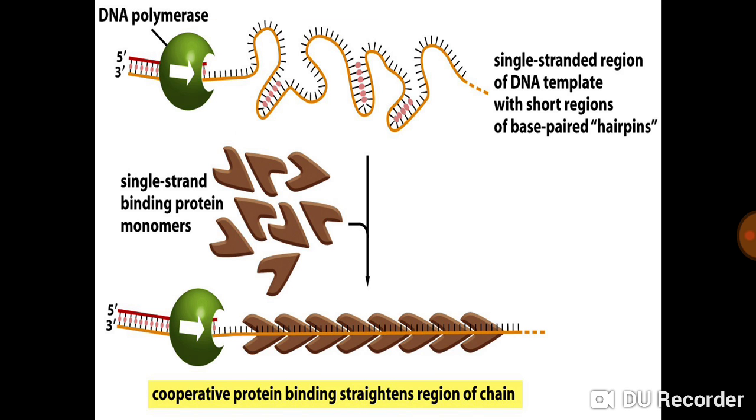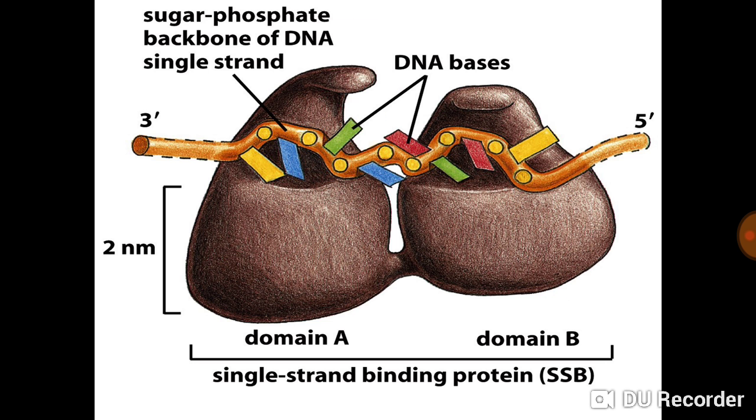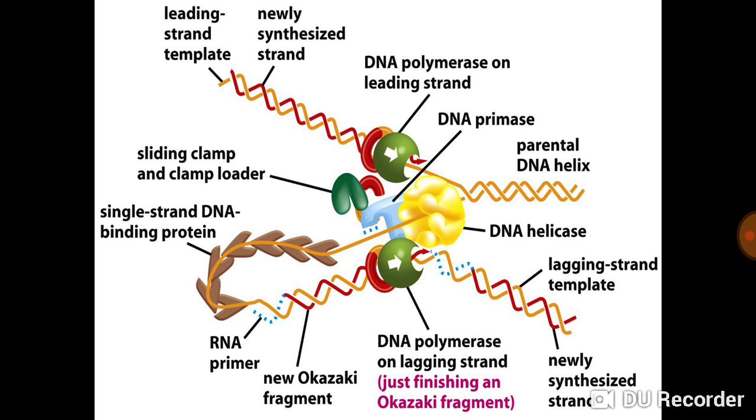The fragments terminate in an RNA primer that is subsequently removed so that enzymes can stitch the fragments into the elongating strand.